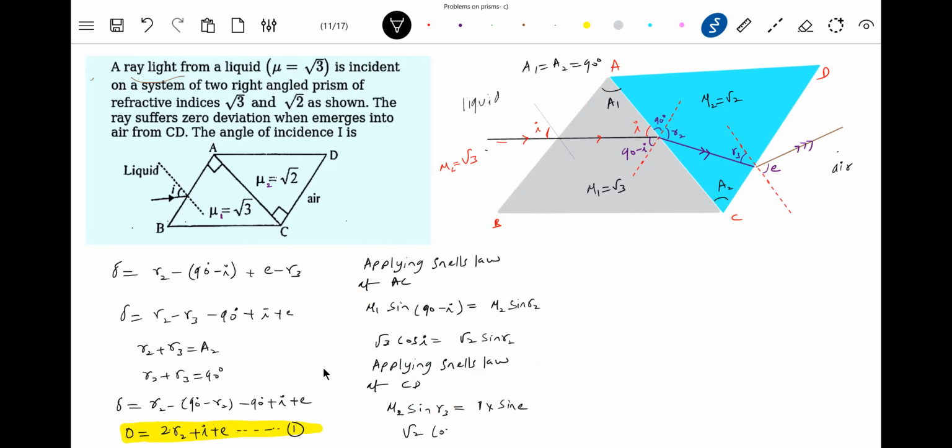Mu2 is root 2, so this will become root 2 cos R2 equal to sine E. Squaring and adding equations 2 and 3, so 3 cos square I plus sine square E equal to 2. So this is equation 4.